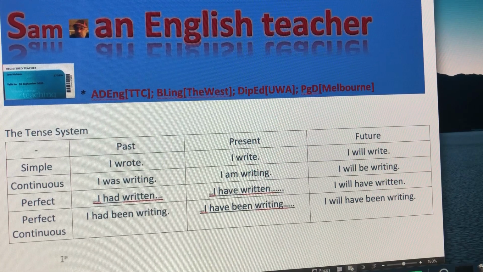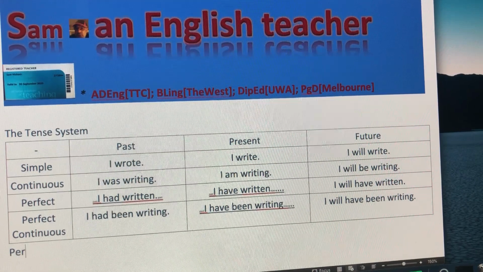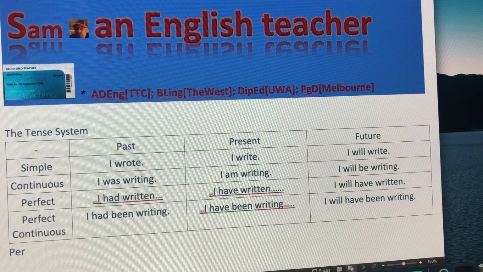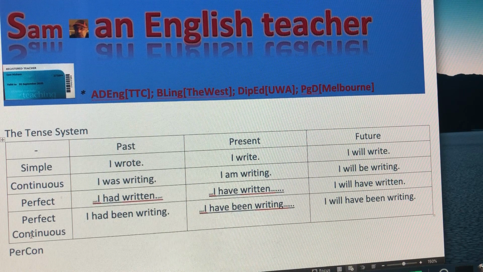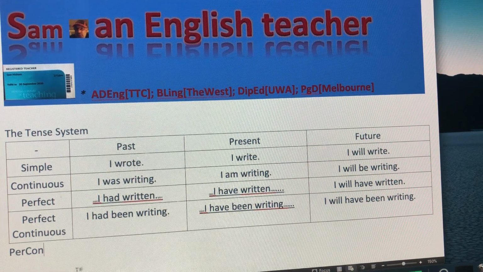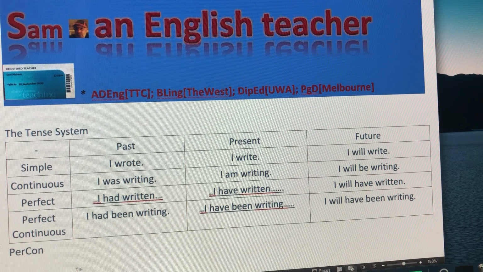Folks, I have put another word for perfect continuous to make it easier, and I've called it per con. Per con, the first part of this, second part of this, a mix of two words, per con. If you want to call it per con, go for it.